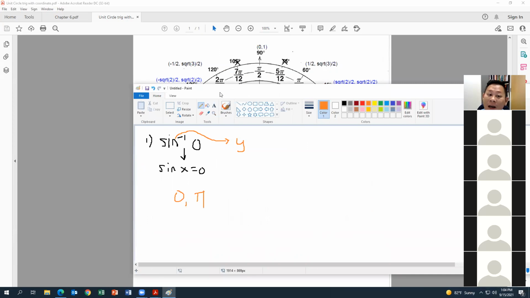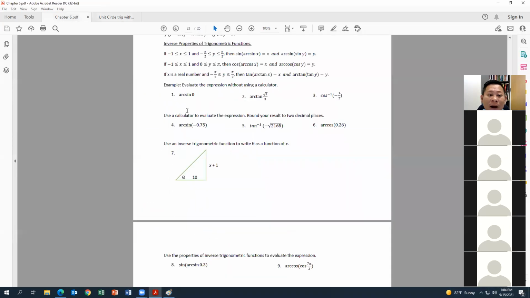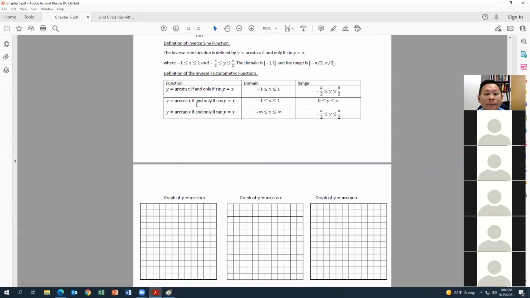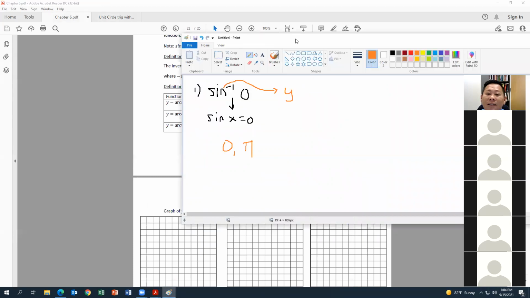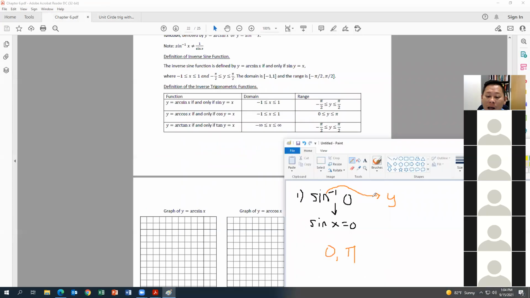But now here comes the domain restriction that I mentioned. For sine, your domain restriction only goes from -pi/2 to pi/2. So which one of these is not a part of your answer? Is 0 in between this, or is pi between that?